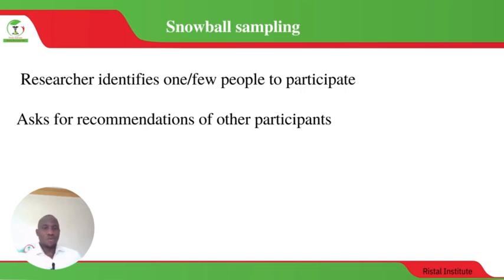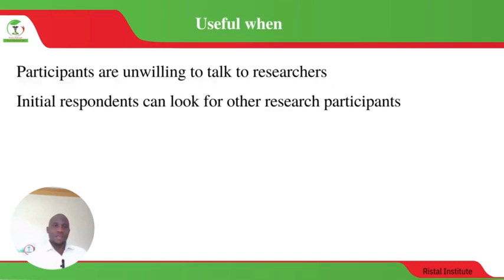Then we move to snowball sampling. Snowball sampling is when you know there are few individuals who have experienced a phenomenon that you are interested in, and you need to identify 1 or 2 of them, and then those 2 will lead you to other people who have the same experience.